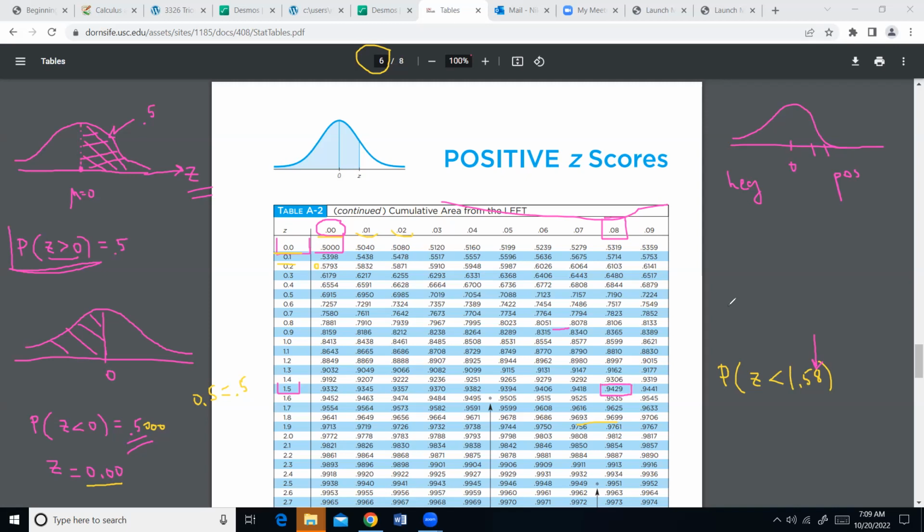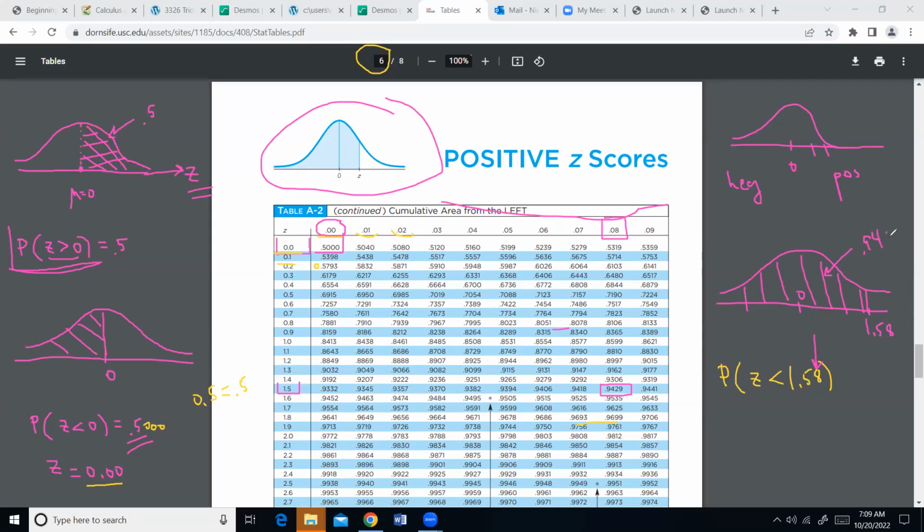So if you imagine the same picture for the normal distribution as they give us up here, the z-score is a little bit to the right from 0 because it's positive, then the area I need, which is everything on the left side from the number, this entire area is 0.9429.